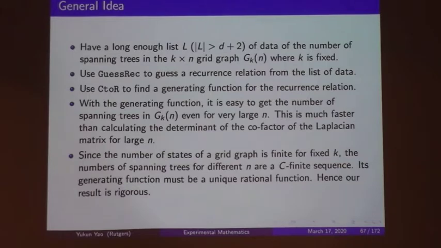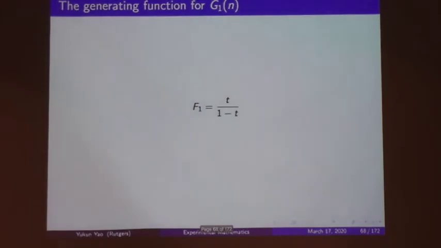And since the number of states of a grid graph is finite for fixed k, the number of spanning trees for different n is a C-finite sequence. So its generating function must be a unique rational function, hence our result is rigorous. So here are some generating functions.